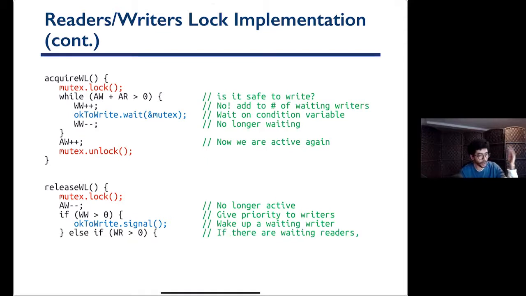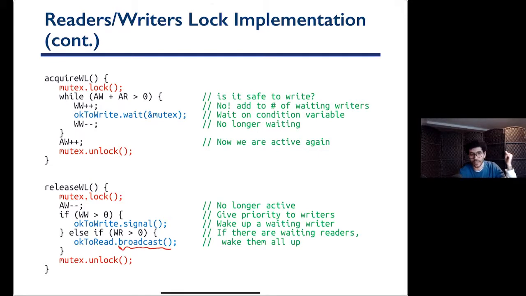Otherwise, if there are waiting readers, then signal them and get out. Although there is one thing here, we can use broadcast, right? Let's say there are no other writers waiting, and there are a bunch of readers. Now we can broadcast, because all of them can go and start reading, because it's okay for all of them to go and read.